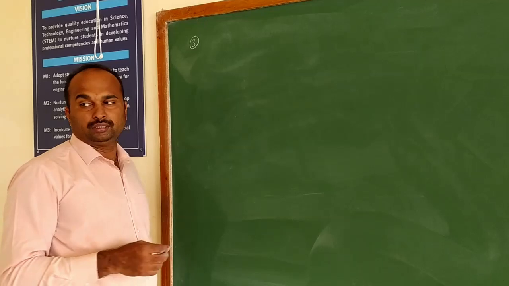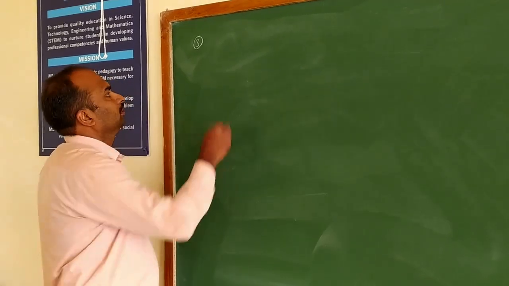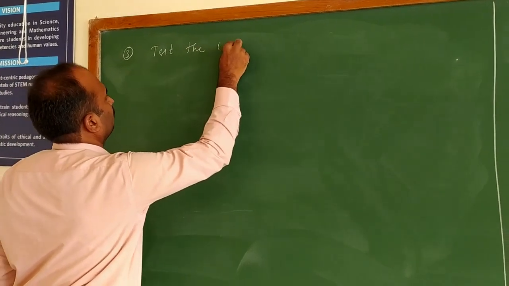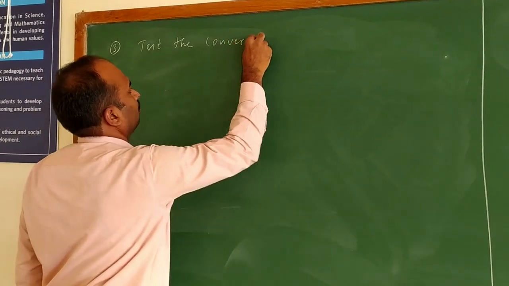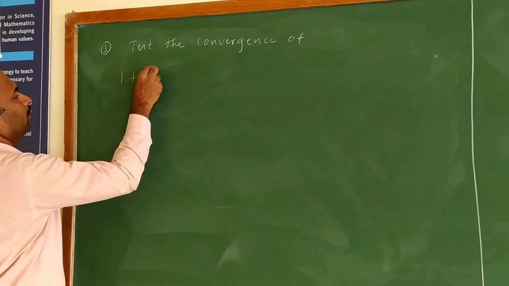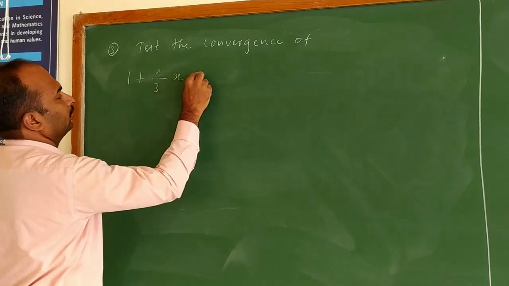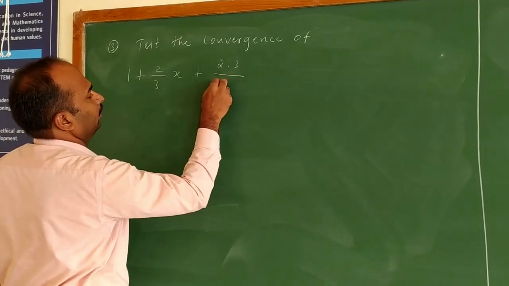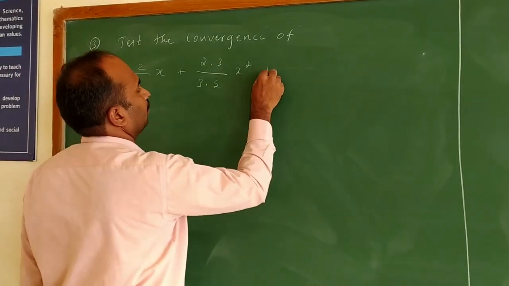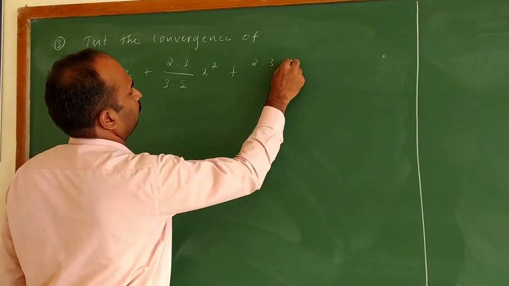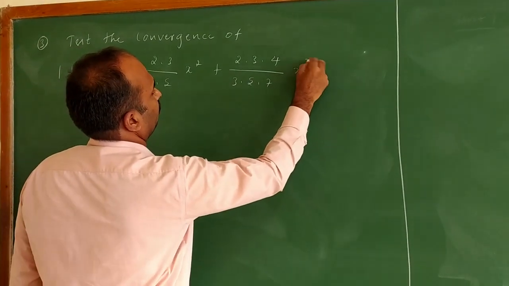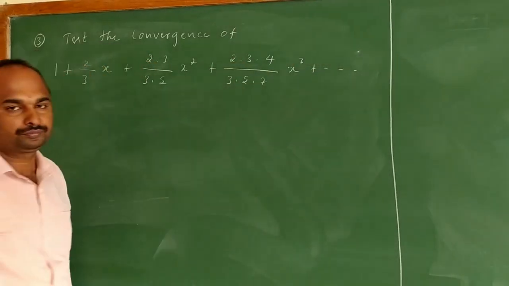So now I will explain another example on the ratio test. This is the convergence of the series 1 plus 2 by 3 into x, plus 2 into 3 divided by 3 into 5 into x square, plus 2, 3, 4 divided by 3, 5, 7 into x cube, and so on.